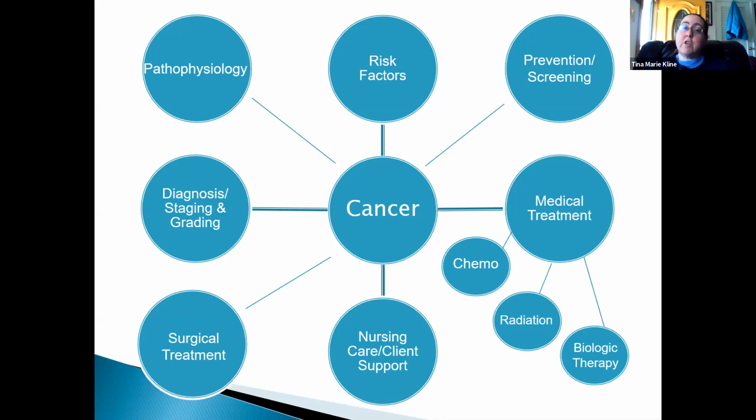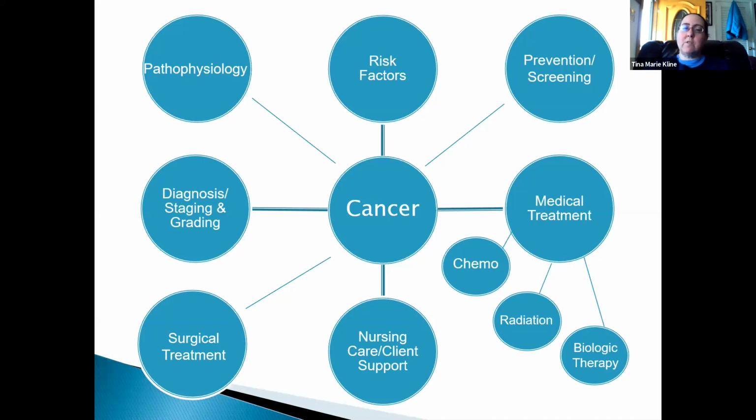The T stands for tumor, the N stands for nodes, and the M stands for metastasis. So in relation to this T and the N, they are going to be given a score of 0 to 4, okay? So it'll be anywhere from T0, TIS, we'll talk about in situ here in a minute, up to T4, okay? And the same thing with the nodes.